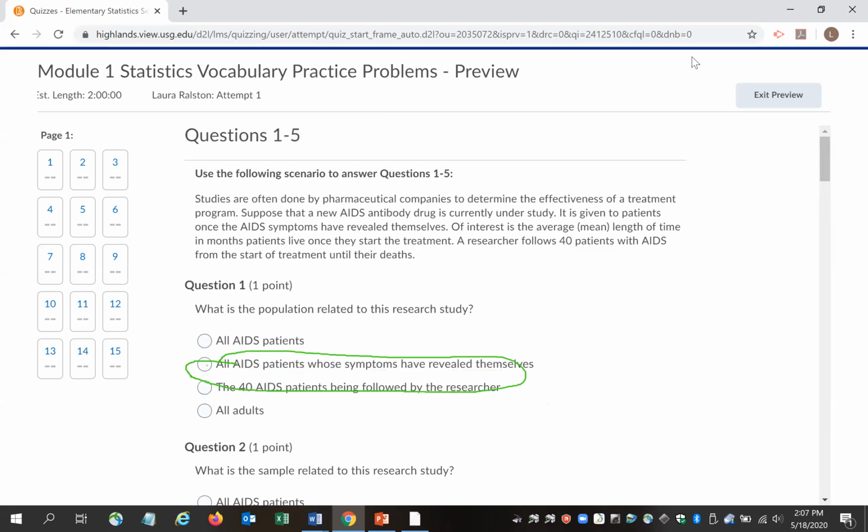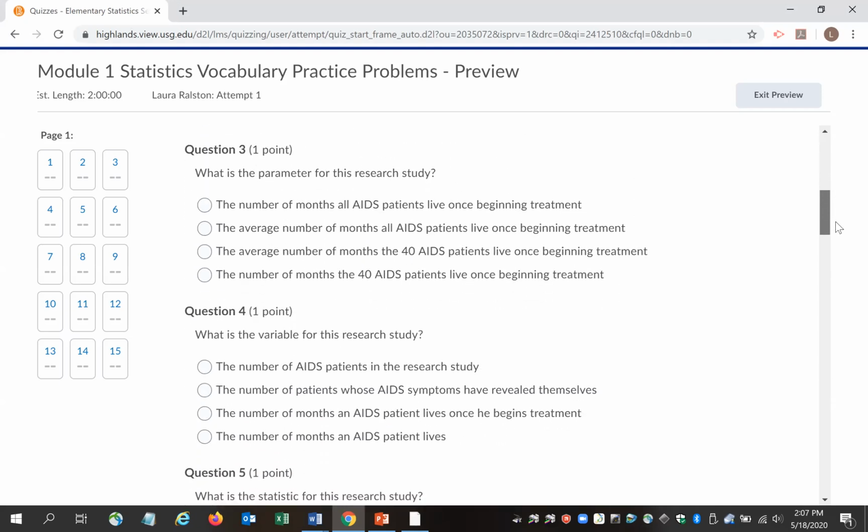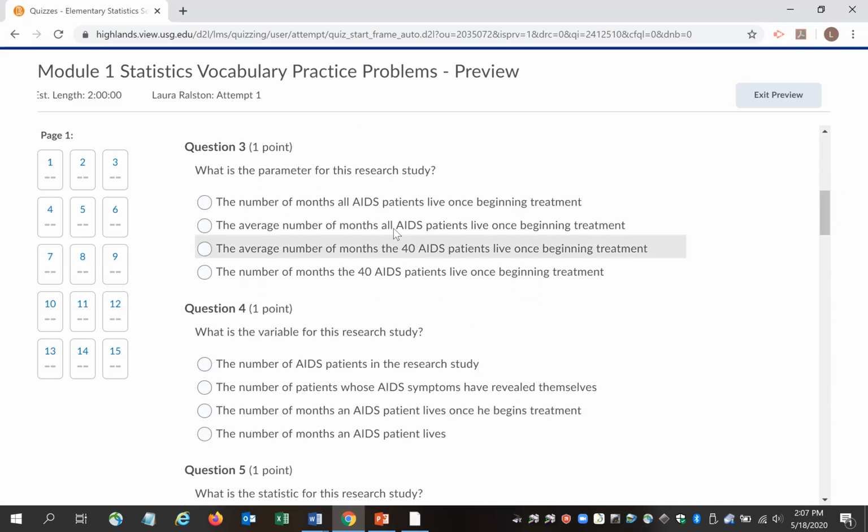Then let me get rid of that so it won't be in our way. Okay, then for this parameter, remember, think about it. The parameter is connected to the population, and the population involves all the people.